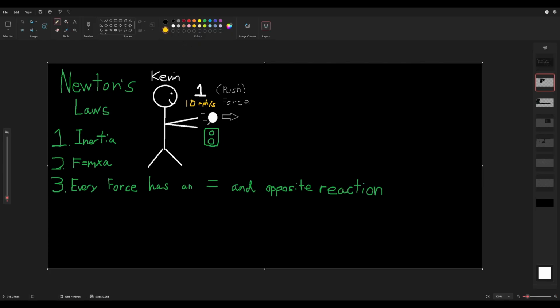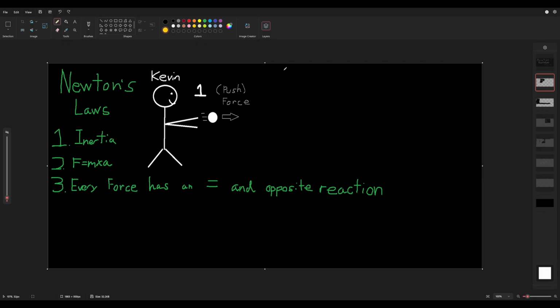But if we talk about the brick with that same amount of force, because it has so much more mass, that brick is only accelerating at 2 miles per hour per second. So it's accelerating a lot slower, resulting in the brick ending up at a slower speed than the baseball would when he throws it.